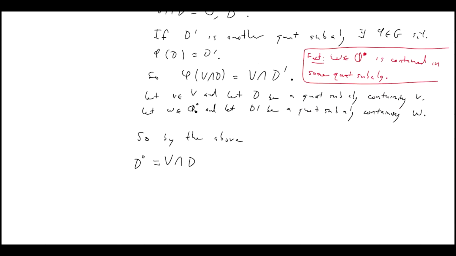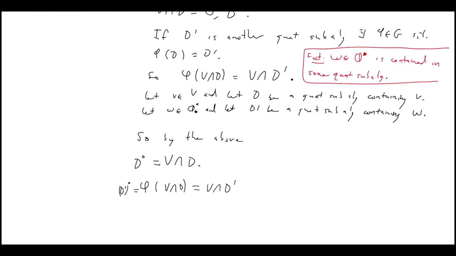Since V is non-zero, when we intersect with D, based on how we've chosen D, the intersection is non-zero. And so this is going to have to be all of the trace zero elements of D by the same fact for quaternion subalgebras. But we also have that phi of V intersect D is V intersect D prime.